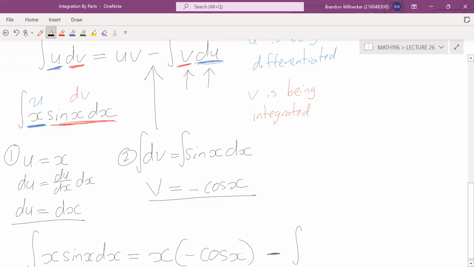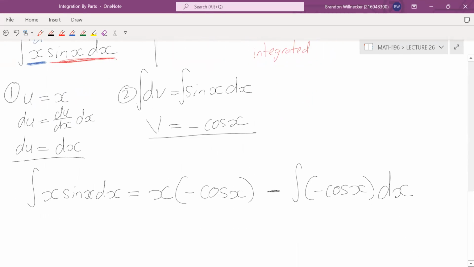Then we have to integrate v du. v is minus cos x, and du is dx. So this is going to be minus x cos x plus the integral of cos x dx, because the minus and the minus make a plus.